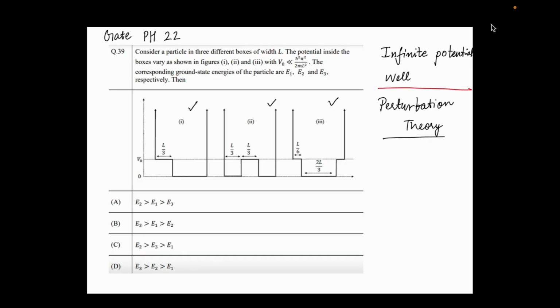You can always think of adding this V naught at different places in the potential as a perturbation. When you have a perturbation, you can always find the correction to the ground state energy. So that is the idea of this question.